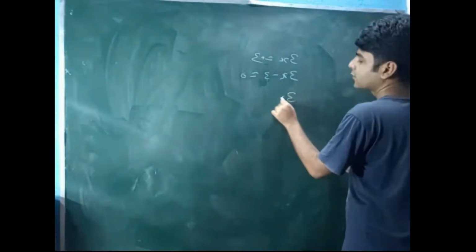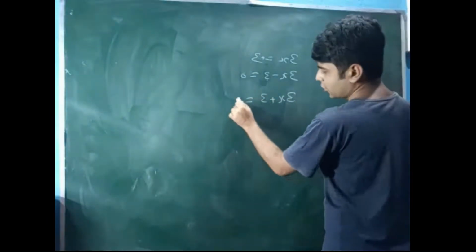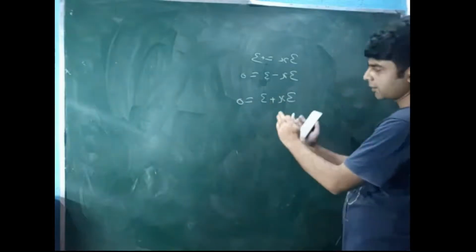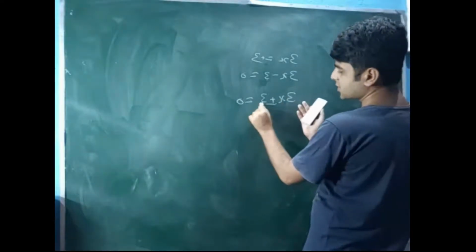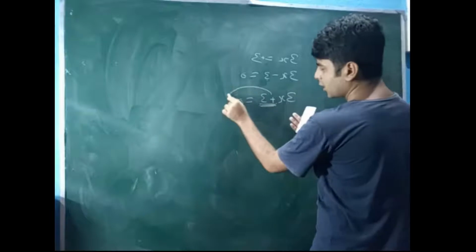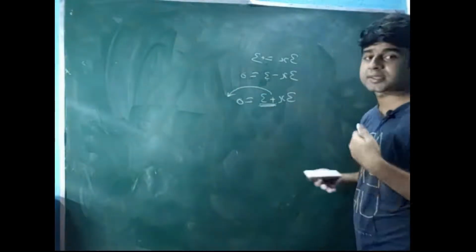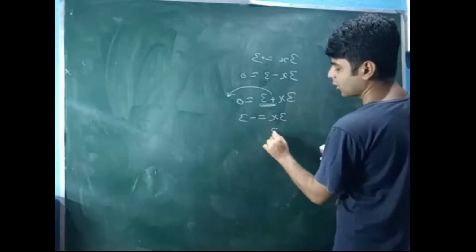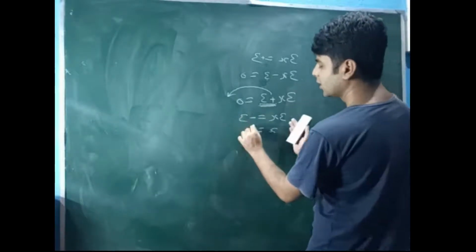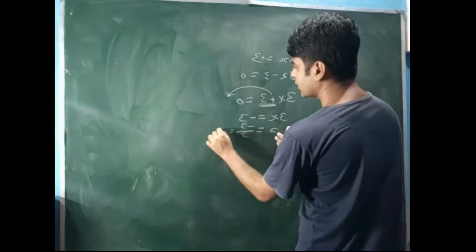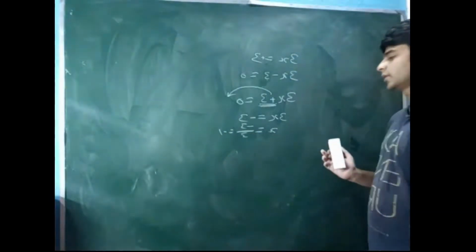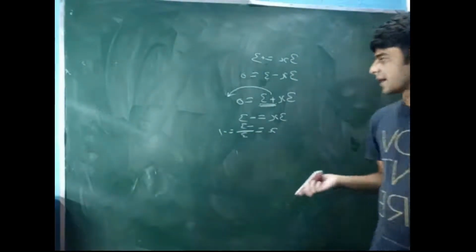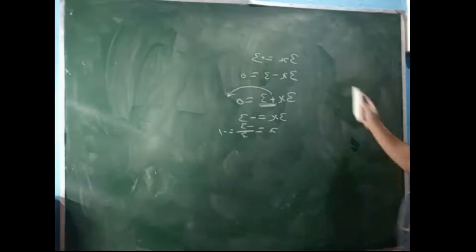Also, if I have 3x plus 3 equals 0, then whenever I am switching this term, it will go here with the sign changed, like 3x equals minus 3, or x equals minus 3 divided by 3, which is minus 1. Okay, that's the main primary thing.